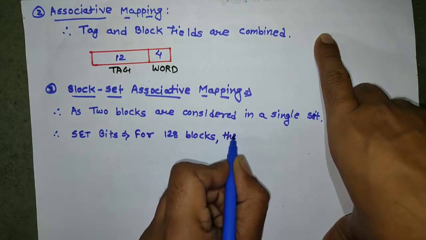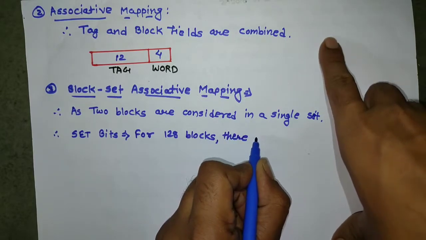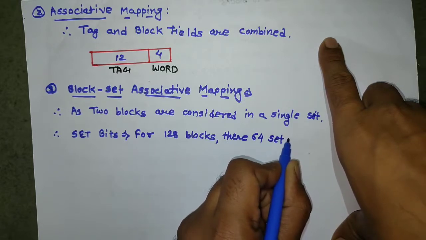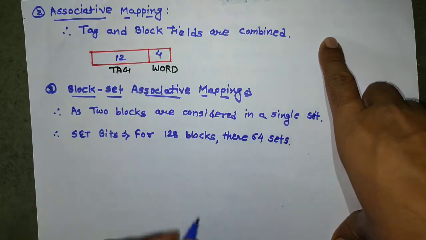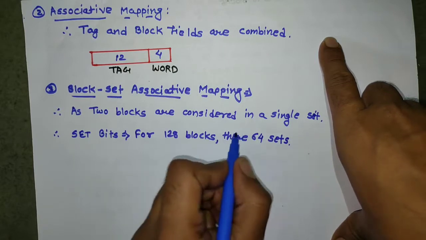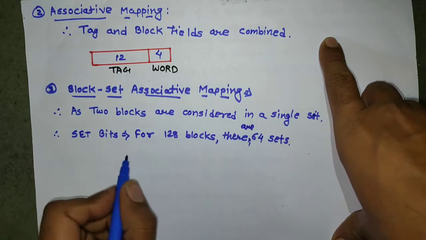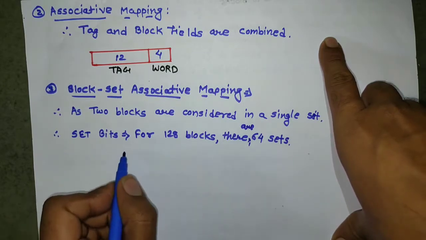There will be 64 sets. How? Because we have considered 2 blocks in a single set. There are 64 sets. So to address 64 sets, how many set bits are required?